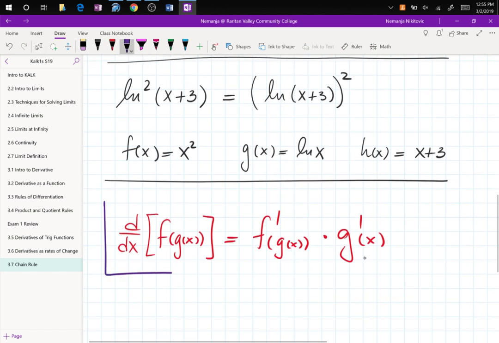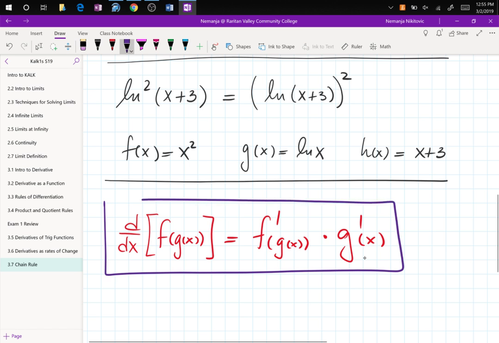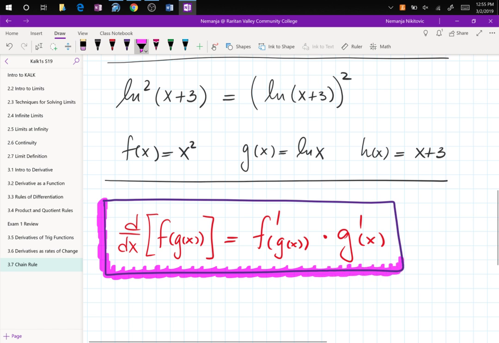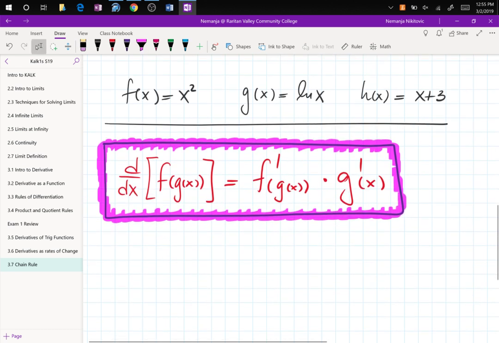This is one of the most important formulas of your Calculus 1 venture over here. That's what it is.